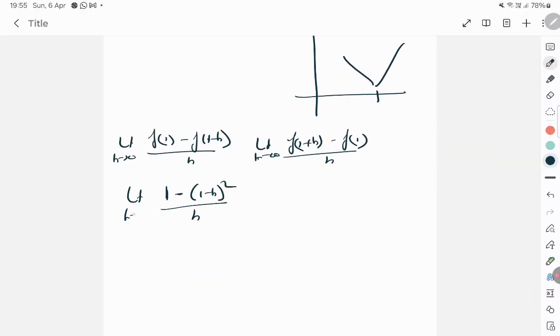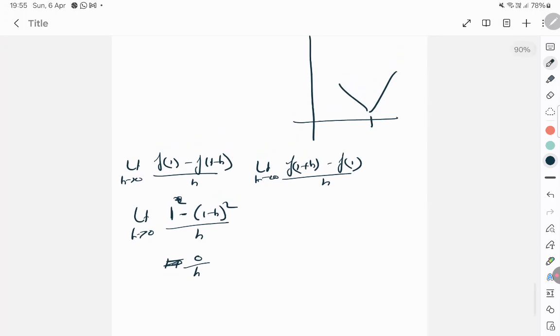Limit h tends to 0. You can use a plus b into a minus b, or just do direct substitution. You don't have to do all that. The numerator will become 0 by h, leave it like that.